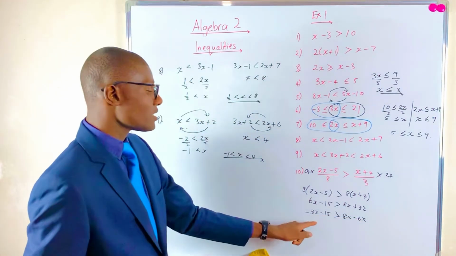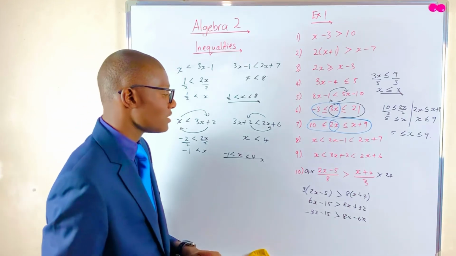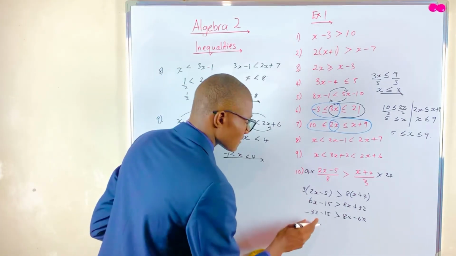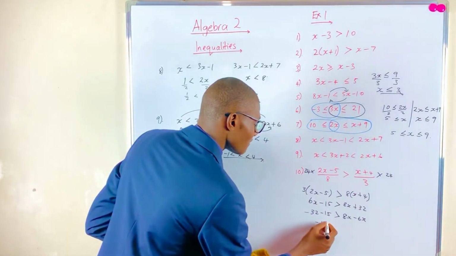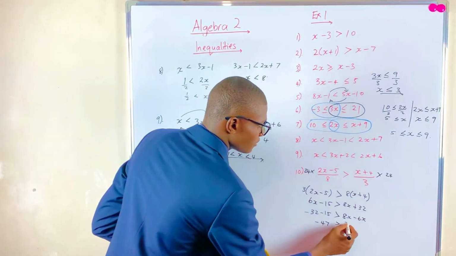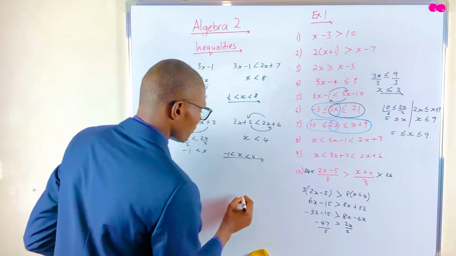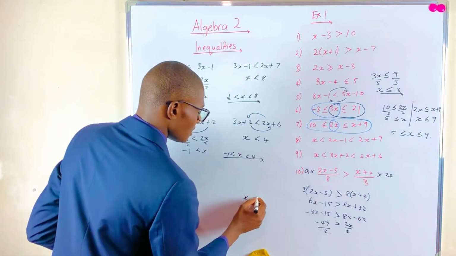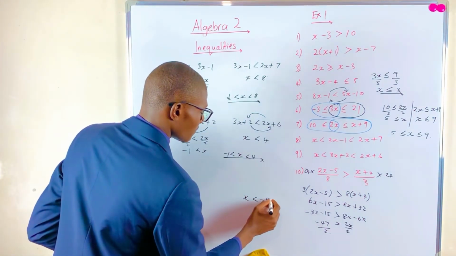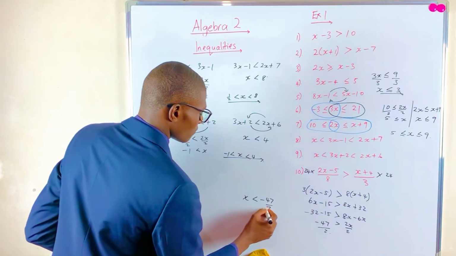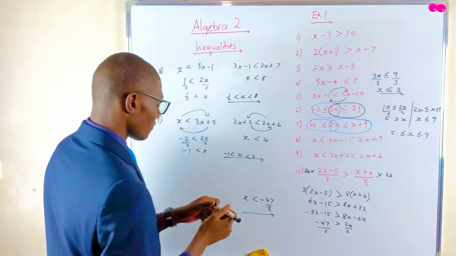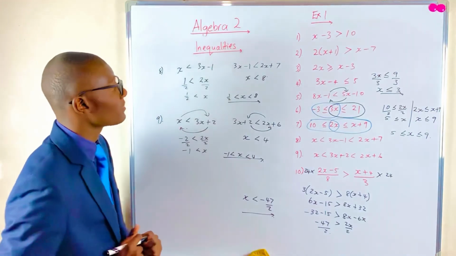Then minus 32 minus 15 will give us minus 47 greater than 2x. Then of course, dividing both sides by 2, we see that x is less than minus 47 over 2. So this would be the final result that we get for number 10.